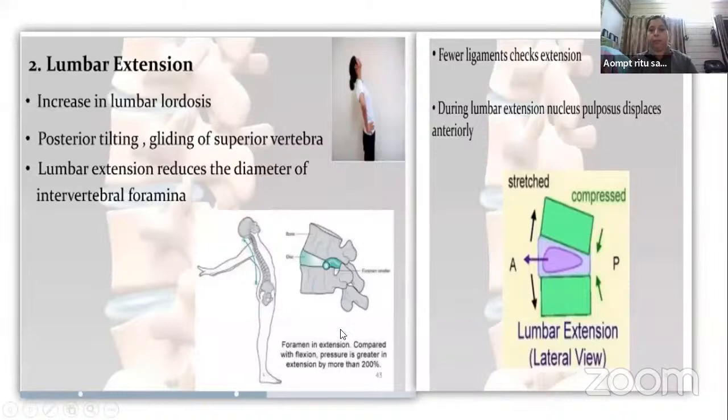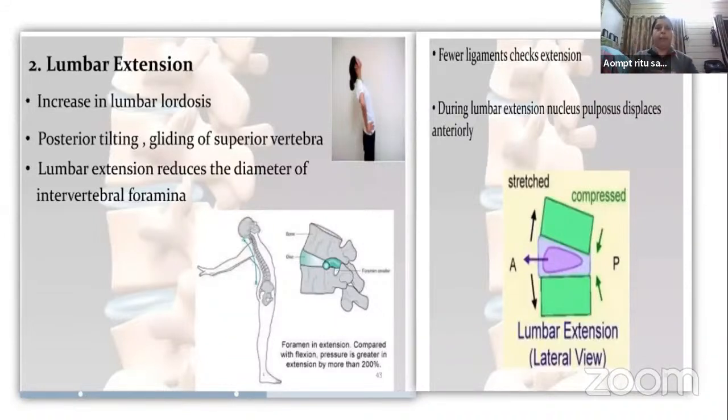Compared with flexion, pressure is greater in extension by more than 200%. In this picture you can see how during extension the nucleus pulposus displaces anteriorly, just the opposite, because in flexion it was migrating towards the posterior side.